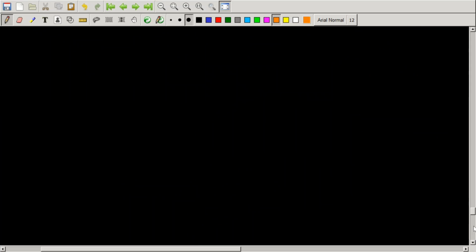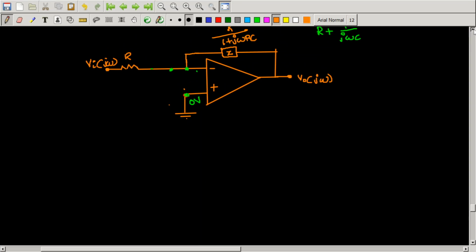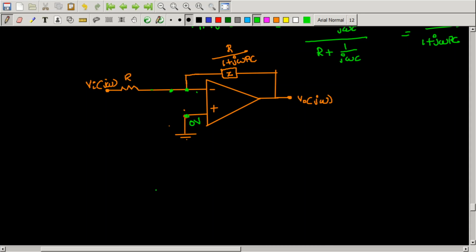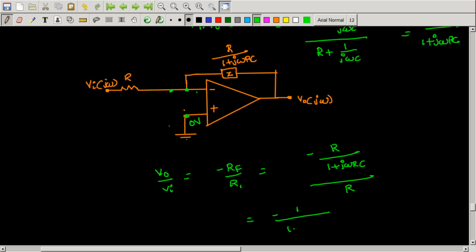So what is the gain expression? It is simply V0 by Vi is equal to minus RF by R1, that is equal to minus R by 1 plus j omega RC, divided by R, that is simply minus 1 by j omega RC.